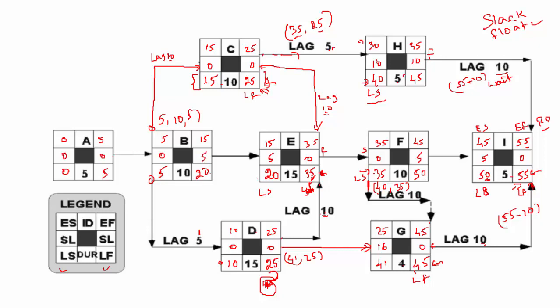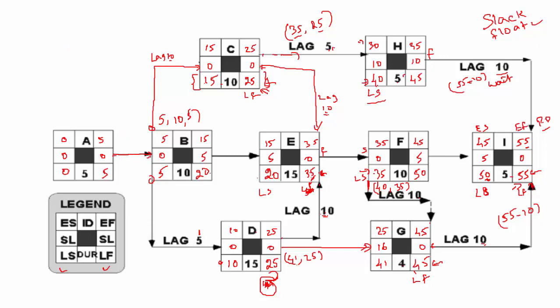Okay, what I've done right now is I've calculated the float, or what we call slack. Now you will get questions such as this in the Blackboard mock exam. You get a question like, is the relationship between A and B critical or not?